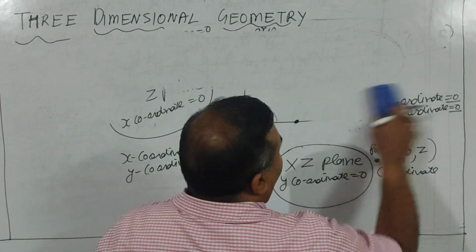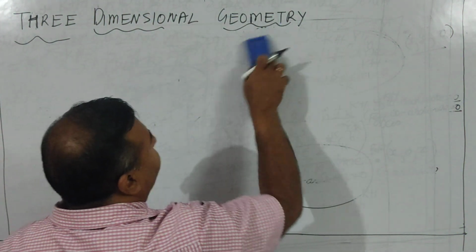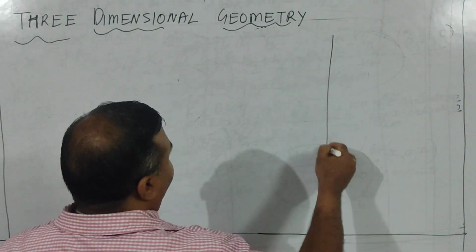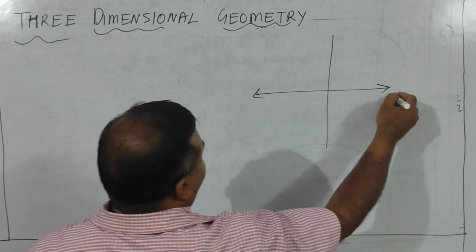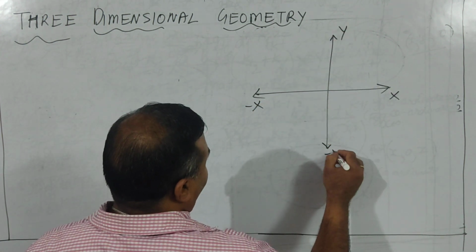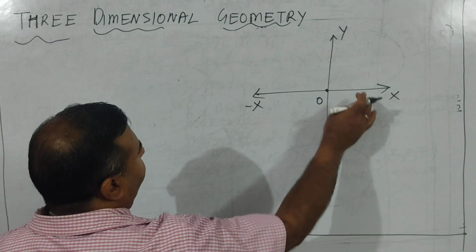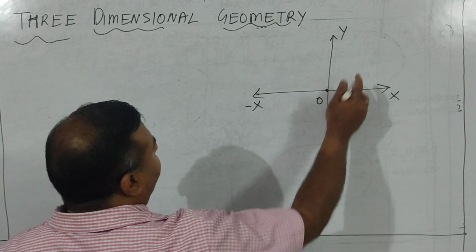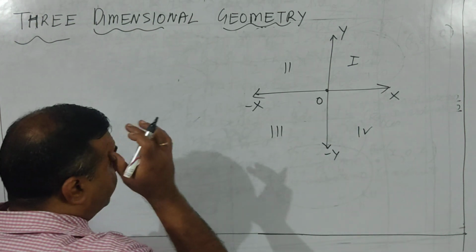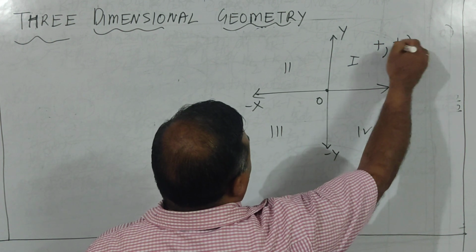In the xy plane, in two dimensions, remember this is x, or this is minus x, this is y, or this is minus y. So how many quadrants are here? Four quadrants are here: 1, 2, 3, 4. In the first quadrant, x is positive, y is positive.